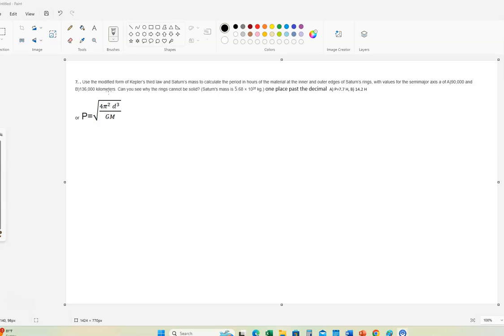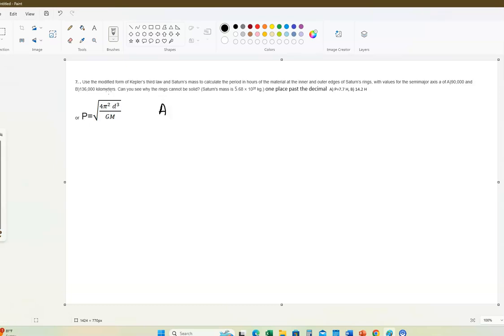So for part A, the distance. All I have to do is change this to times 10 to the third, right? The distance is, instead of 90,000, it's going to be 90,000 times 10 to the third. And now that's in meters.